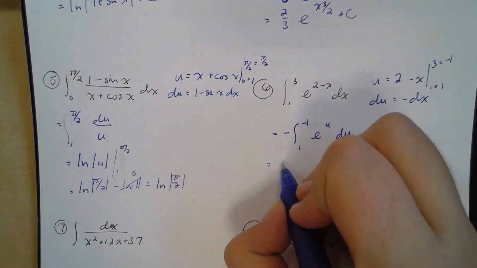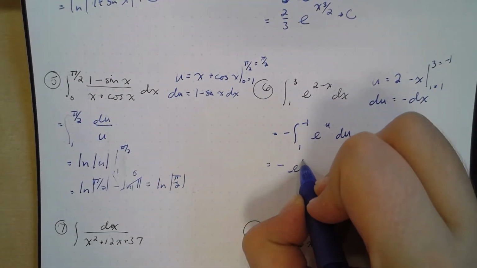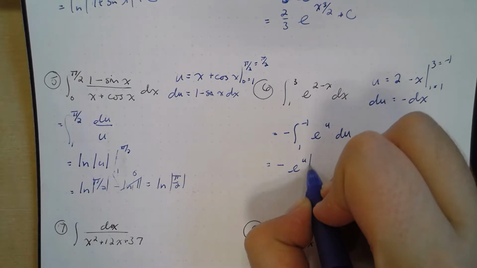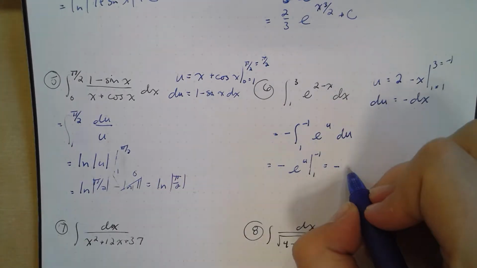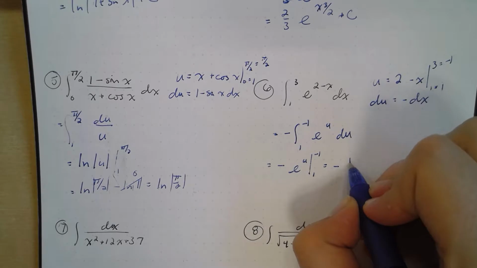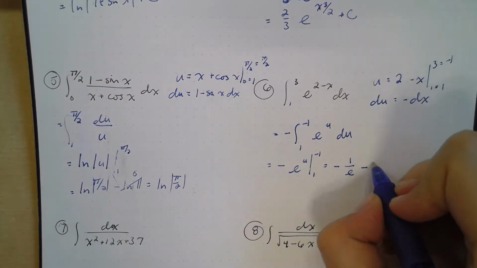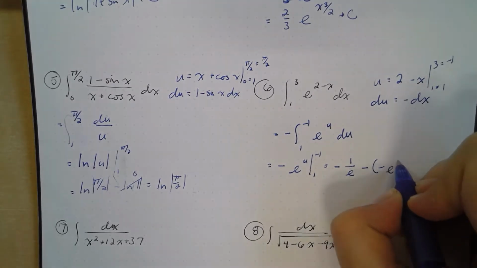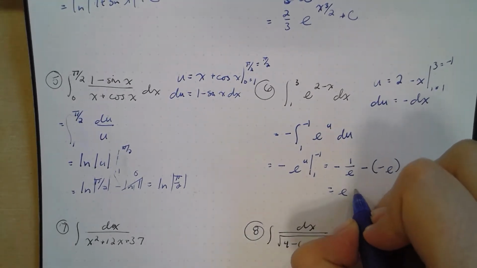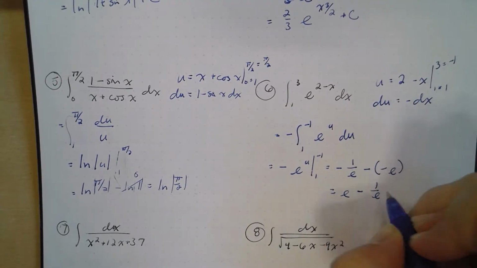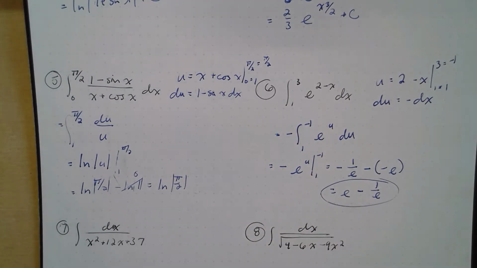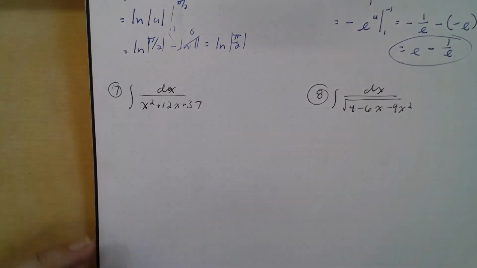So this is equal to negative e to the u evaluated from 1 to negative 1, which is equal to a negative 1 over e minus a negative e. So that's equal to e minus 1 over e. All right, perfect.